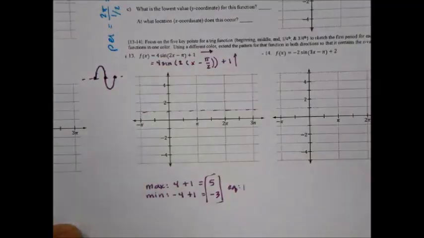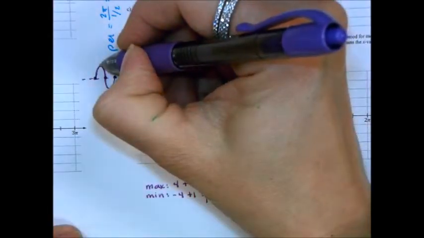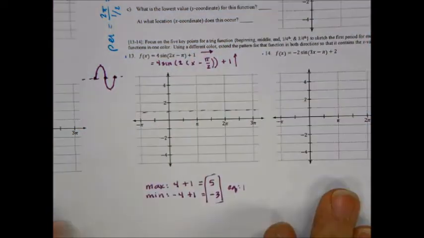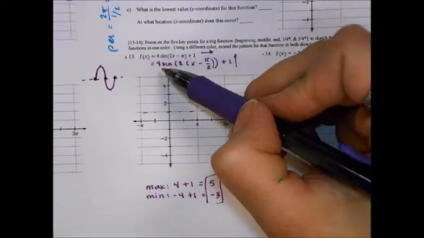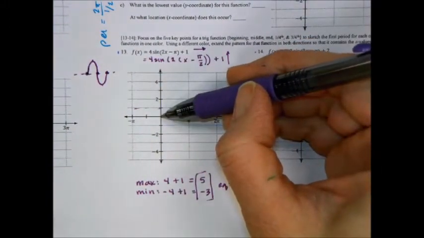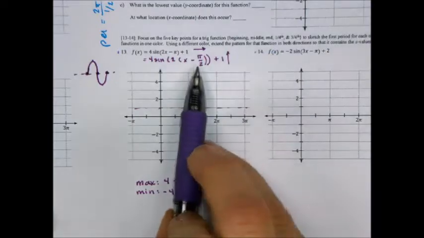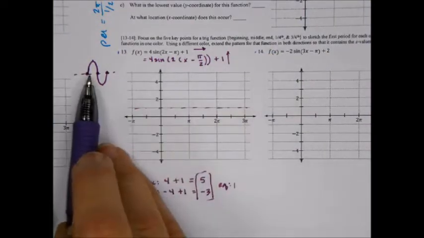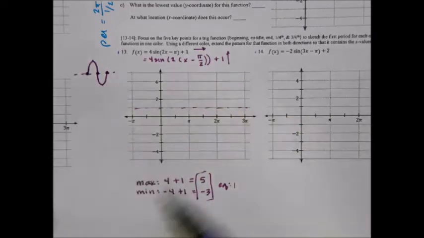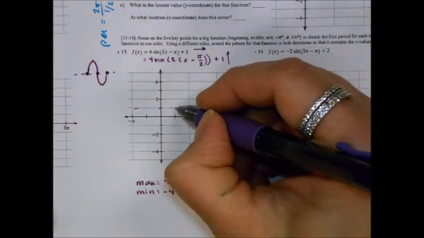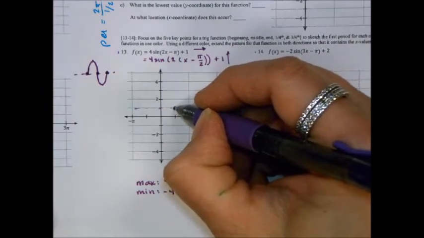We want to go to our maximum and then the minimum, again, because it's positive. That very first point for sine likes to start on the origin, but this graph has been translated pi over 2 units to the right and 1 unit up. So I'm going to start by translating that very first point from the origin, pi over 2 units to the right and 1 unit up. So we'll start here at pi over 2, 1.